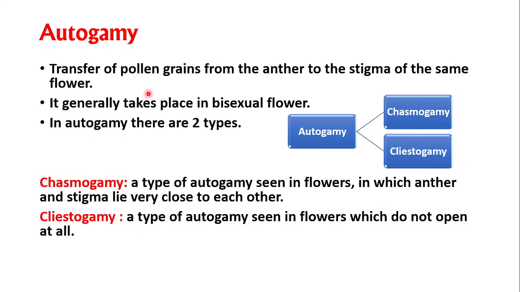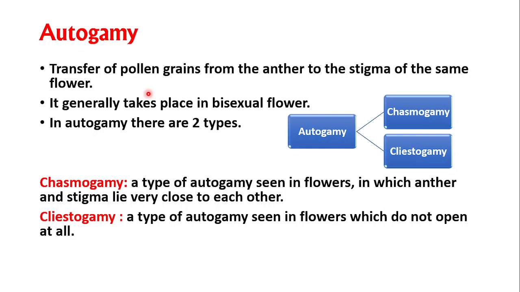Generally, autogamy or self pollination is seen in the bisexual flower, because for the transfer of pollen grains from the anther to the stigma of the same flower, the flower should be bisexual.